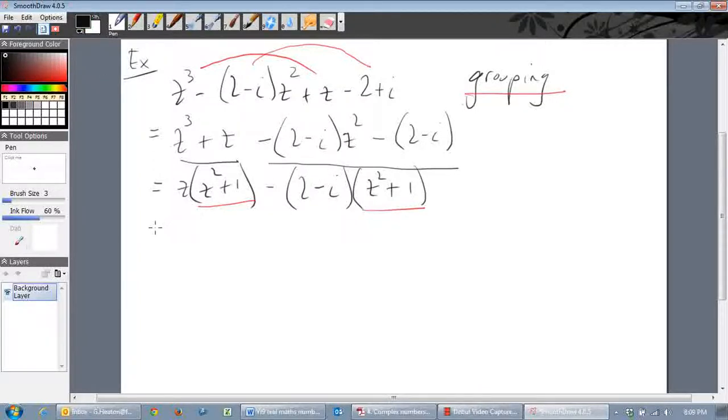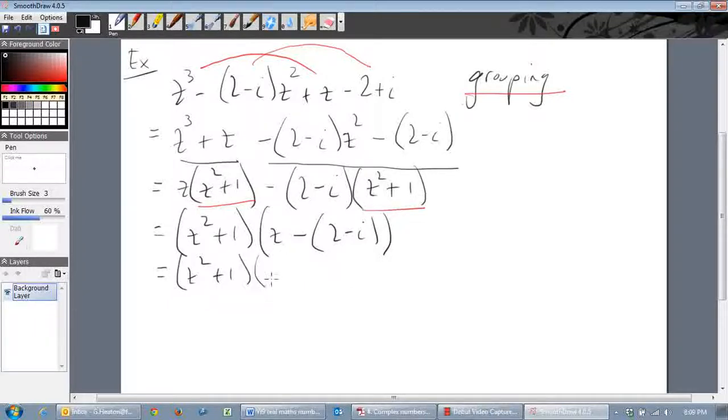Let's put those two together, equals, now we've got a common factor of z squared plus 1. What is left over? We've got a z here, and also minus 2 minus I there. And it's almost there, I might just neaten it up a bit, equals z squared plus 1, z minus 2 plus I. And also this z squared plus 1 is not fully factorized.